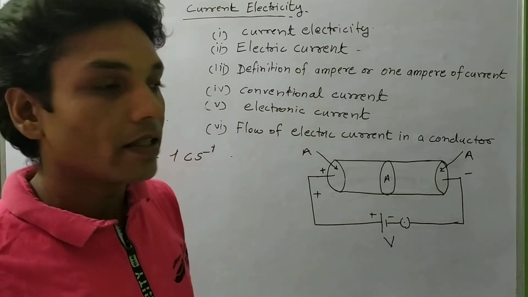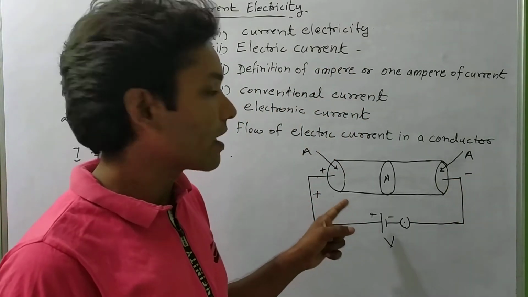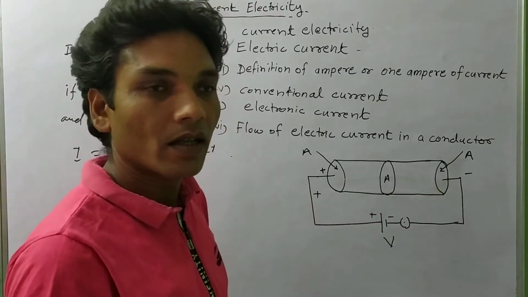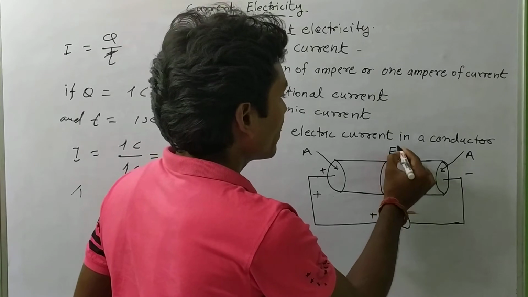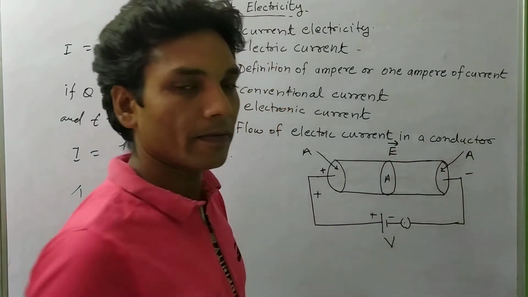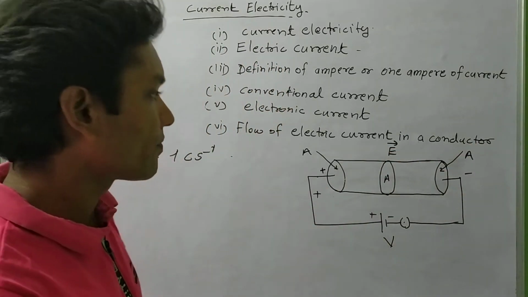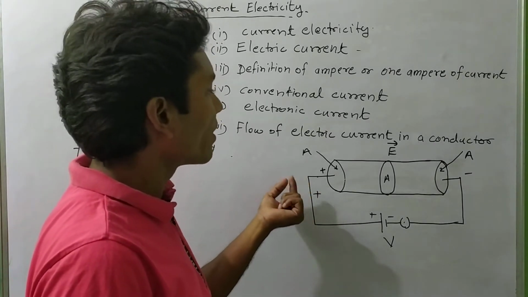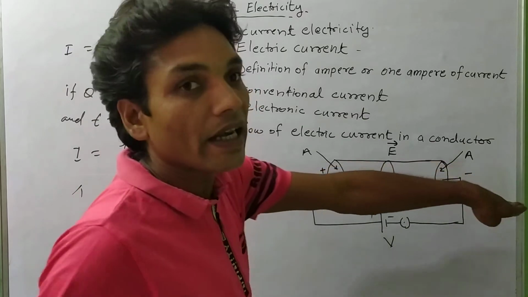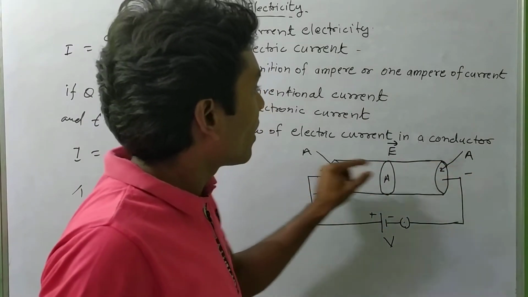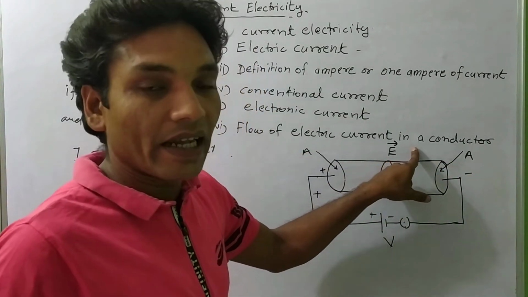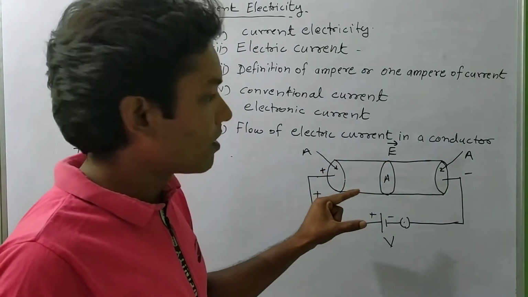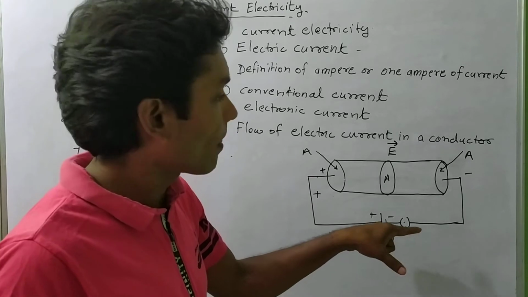That's why an electric field will be between the two terminals, along the direction. Now the electric charges will flow from positive to negative, along the direction of the electric field, so current will flow through the conductor.